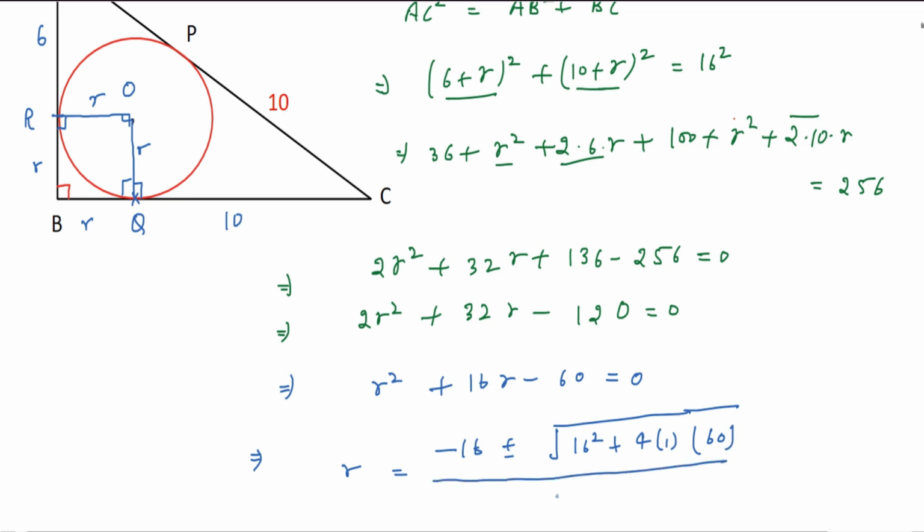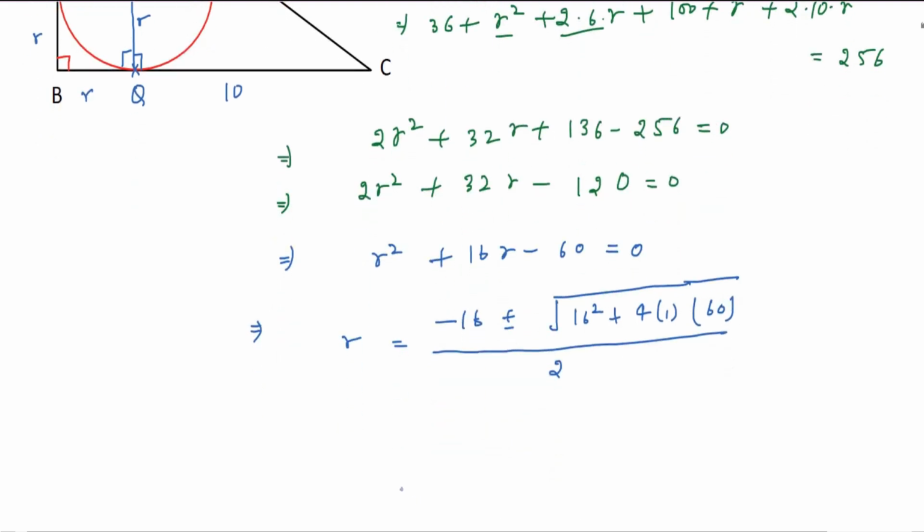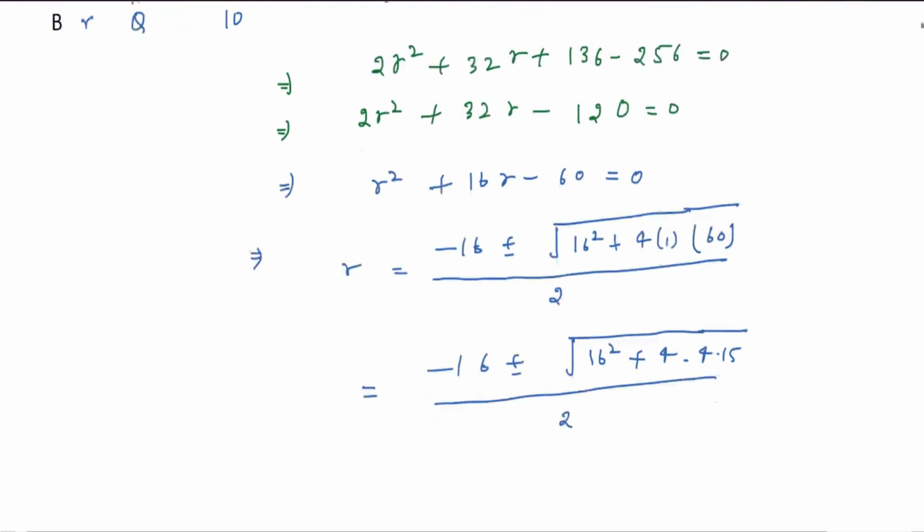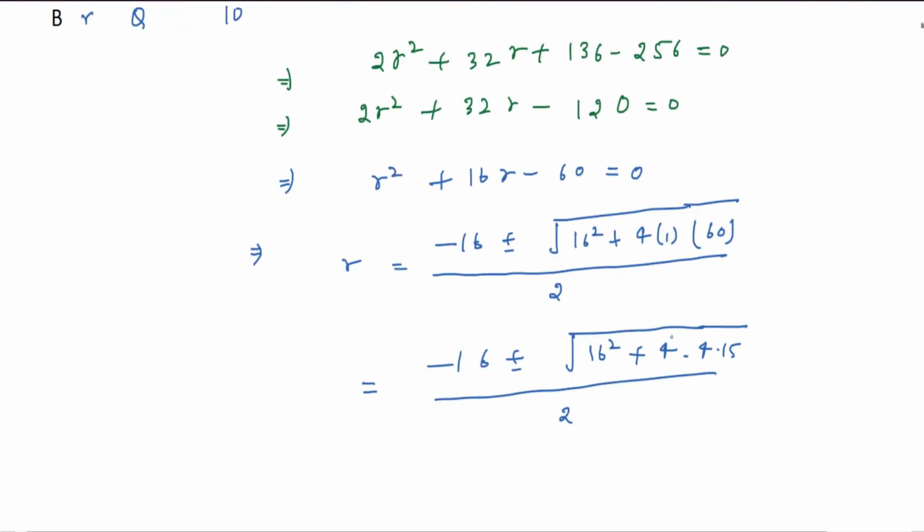whole divided by 2. So further we can write negative 16 plus minus square root of, and in fact here 16 square is given and we have 4, and 60 can be written as 4 multiplication 15, and whole divided by 2. So further 4 multiplication 4, it will become 4 square, that will be 16.